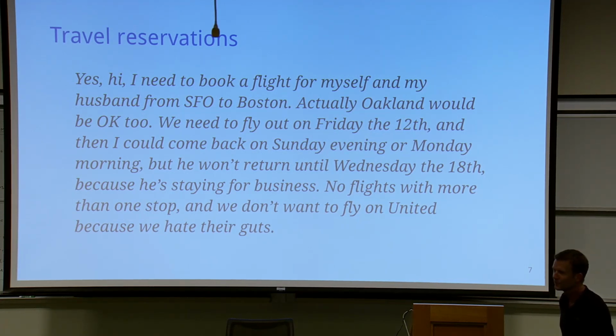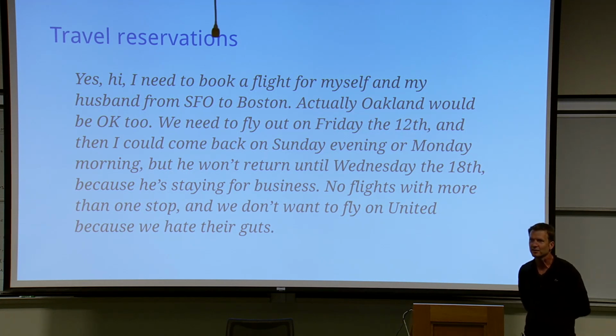Mathematically, that doesn't work. The Friday and Wednesday are 5 days apart, but the 12th and the 18th are 6 days apart. The human made a mistake, and the system has to deal with it somehow. A reasonable thing would be for the system to say, did you mean Wednesday the 17th? But unless you engineer that into the system, it's not going to be able to do it.